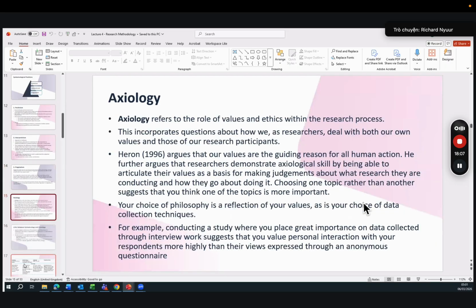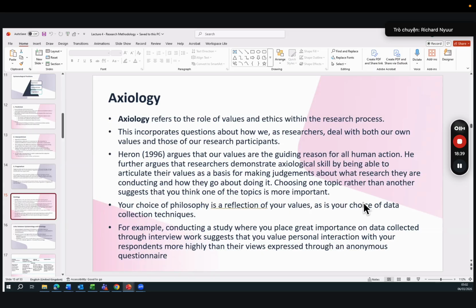And when it comes to axiology, it is pretty much focusing on the role of values and ethics within the research processes. It incorporates questions about how researchers deal with their own values and the values of research participants.